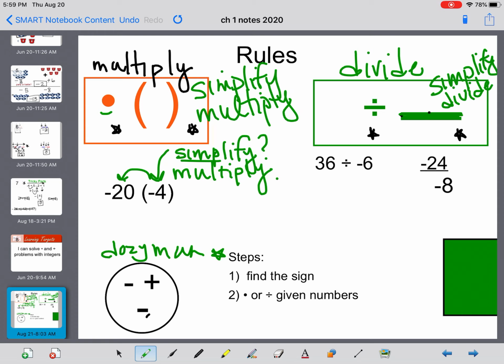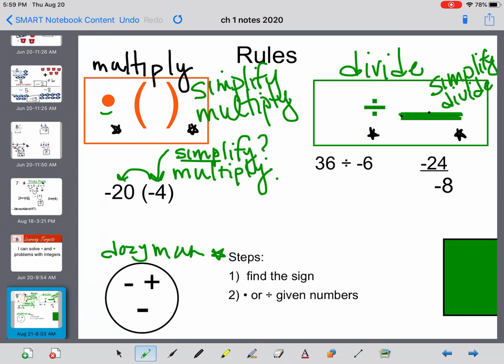The only time I get a negative result, the only time, is if I have opposite signs. Every single other time when I'm multiplying or dividing, I'm going to get a positive answer. So I always look to see, are the signs different or are they the same?